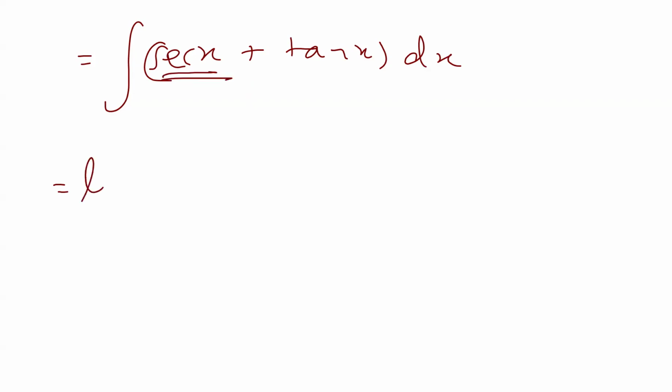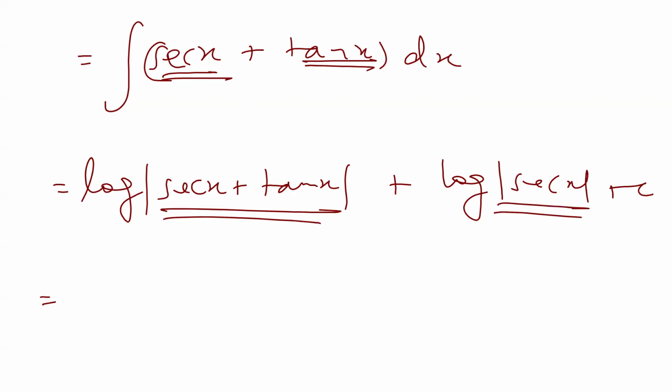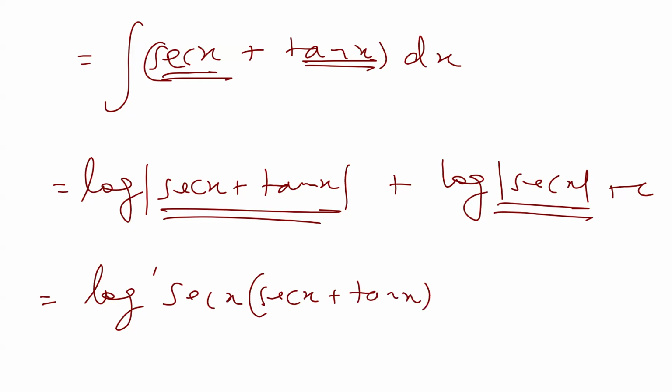Integration of sec x is log mod sec x plus tan x, plus integration of tan x is log mod sec x. Log a plus log b is log a into b. I'll just multiply this, and this should be your final answer.